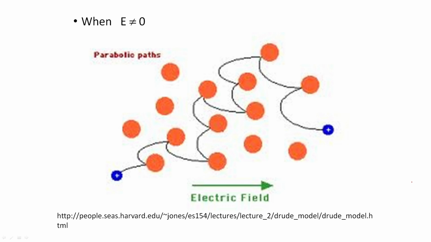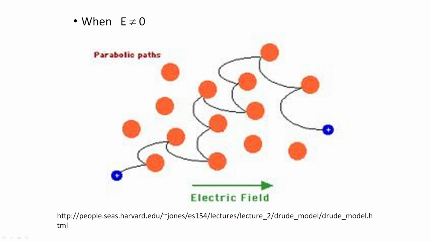Basically, the collision is not very straightforward to treat. Here is shown one simulated collision taken from the website of Harvard University. You can clearly see the electron can hit the ionic cores and change its direction many times before it reaches the other side of the sample.